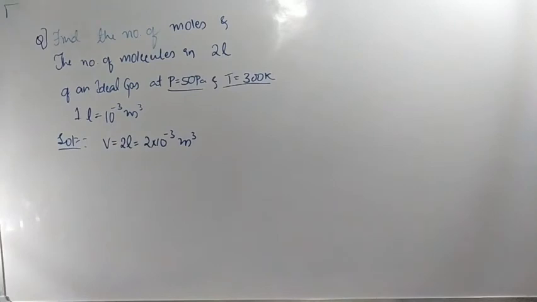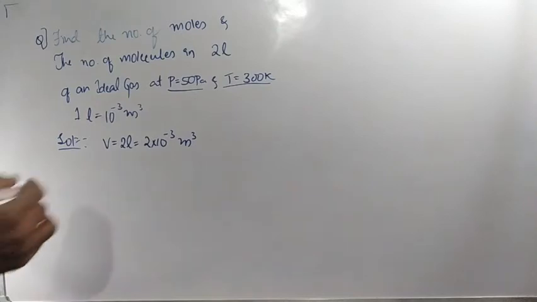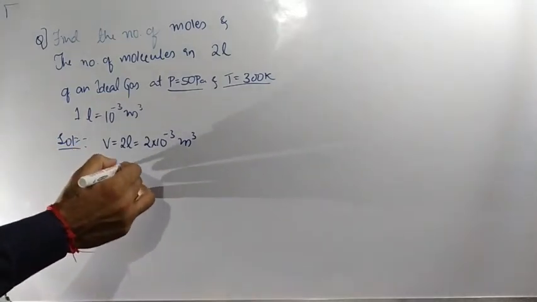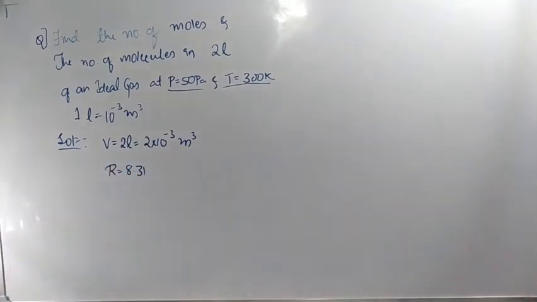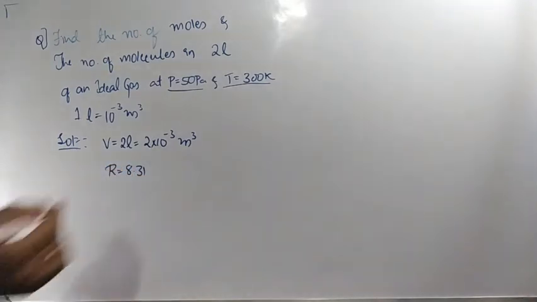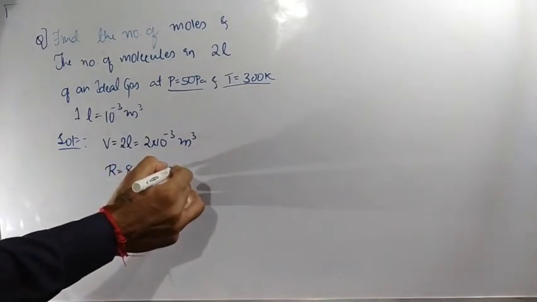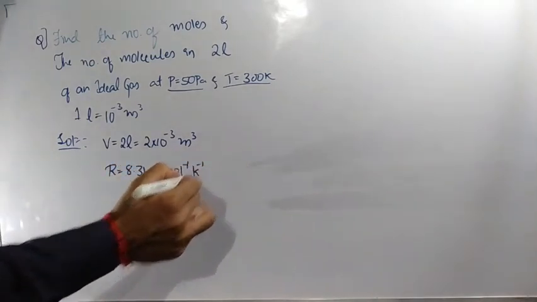And again, you should remember the R and Avogadro number values. R is nothing but the universal gas constant. What is R? Come on. Have you remembered? R value is nothing but 8.31 joule per mole per Kelvin. Shall I write that? Joule per mole per Kelvin.